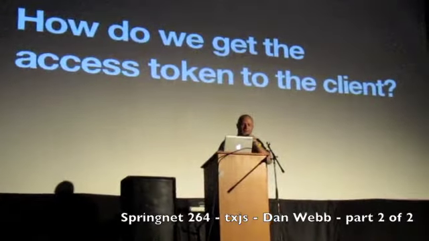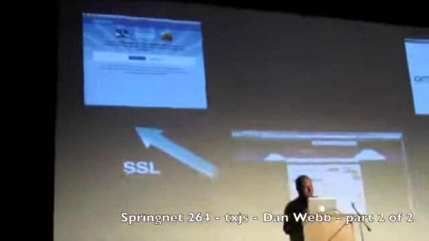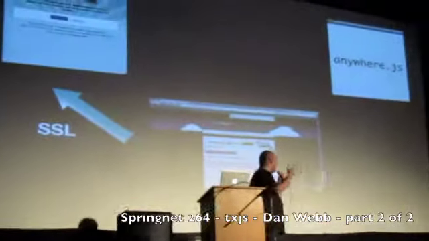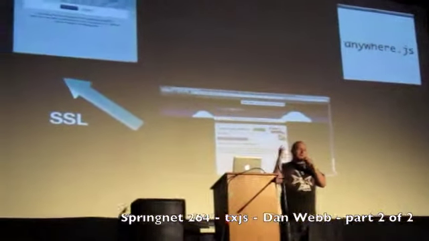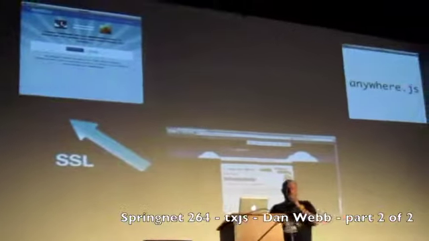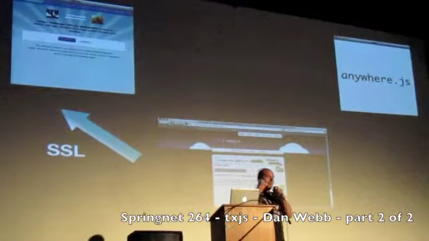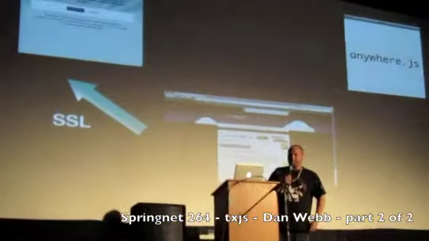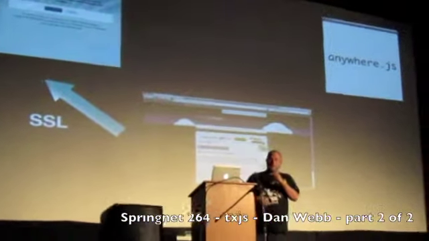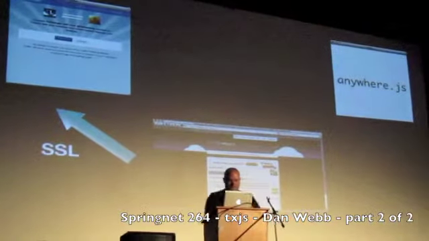So this is the flow. Essentially, if you start a login attempt from your client site, we open up a pop-up window at this stage, or you can just redirect in the same window to an SSL endpoint on the service, so on twitter.com, and we ask them to log in and authorize this transaction.